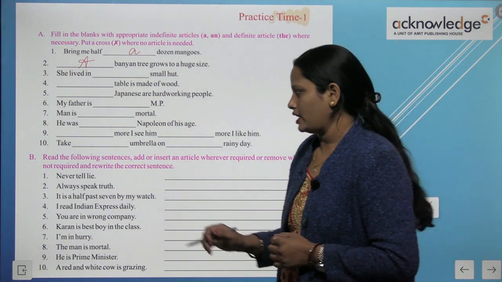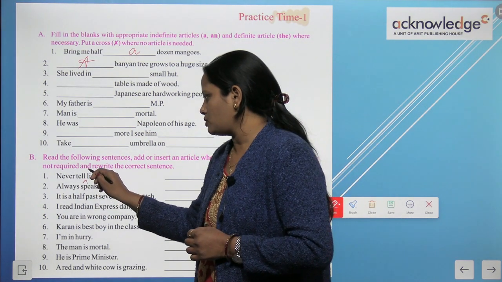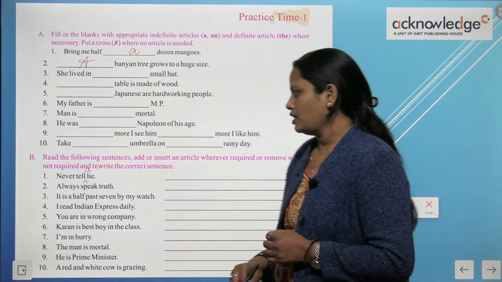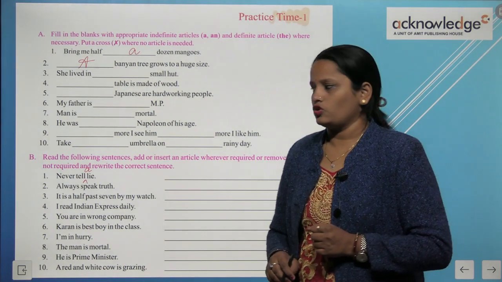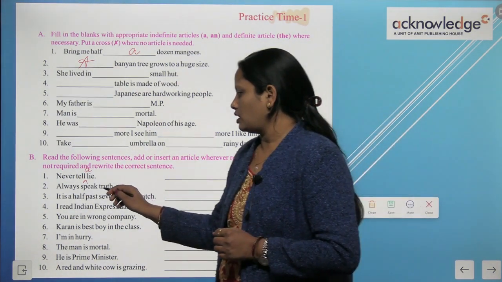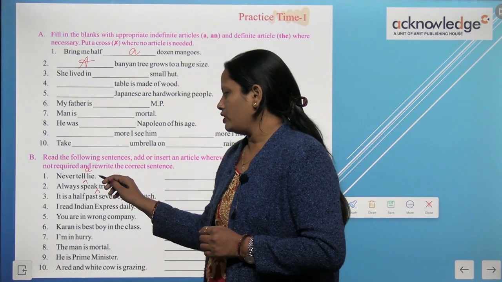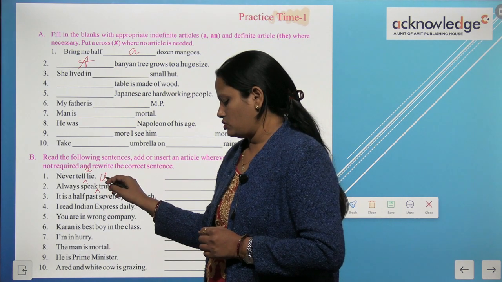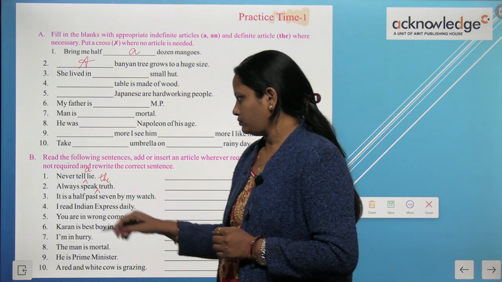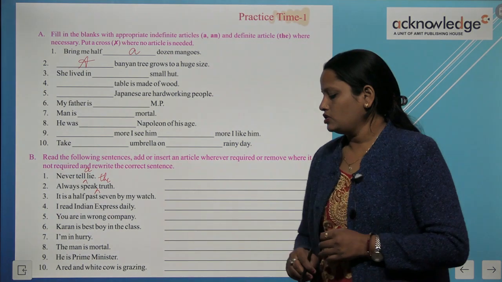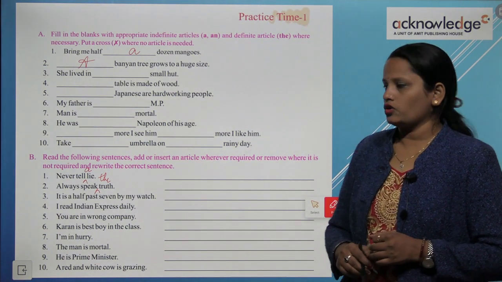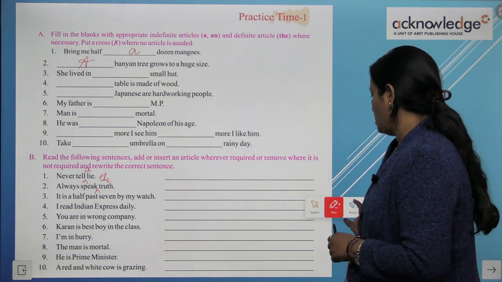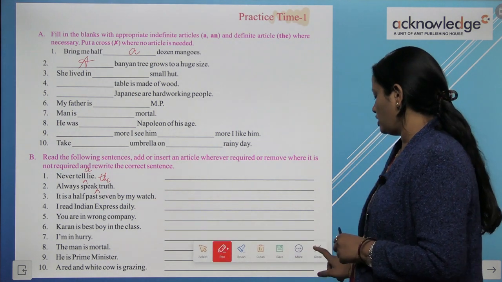Never tell a lie. So tell और lie के बीच में a आएगा. Always speak truth. अब यहाँ पे speak और truth के बीच में the आएगा. Always speak the truth. So these are the two questions that we have done, children, and the rest are your homework. You have to do on your own.